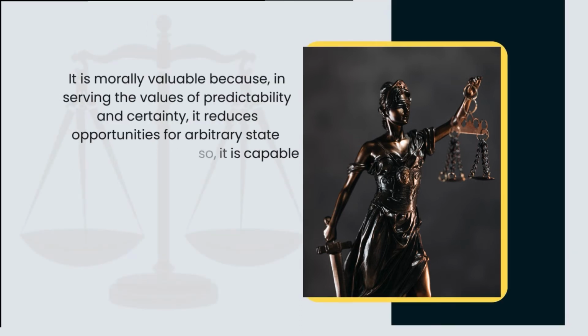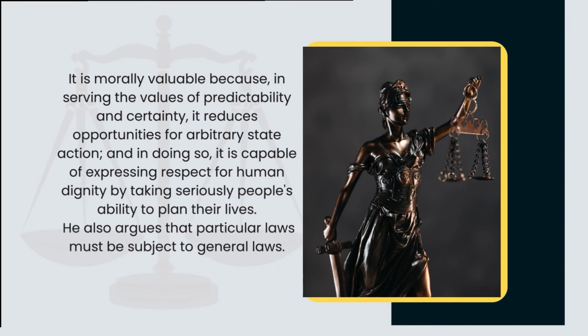It is morally valuable because in serving the values of predictability and certainty, it reduces opportunities for arbitrary state actions, and in doing so, it is capable of expressing respect for human dignity by taking seriously people's ability to plan their lives. He also argues that particular laws must be subject to the general laws.